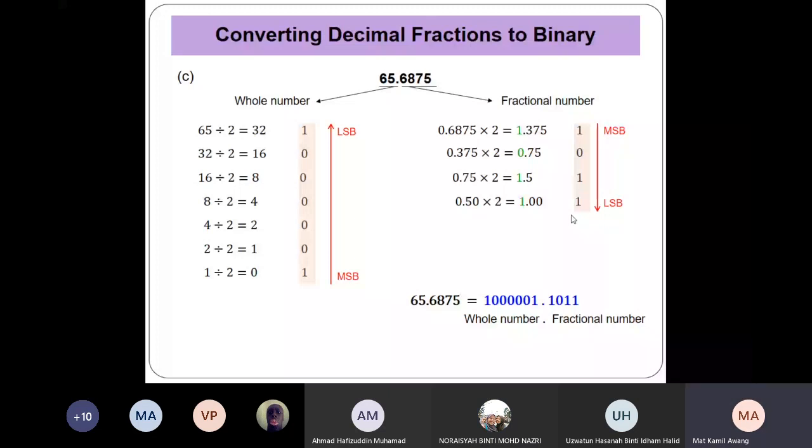The whole number 65, you use the method of division by 2, and the fraction part of it, you use the multiplication by 2 method. Then for the whole number, you read from bottom to top, and for the fraction part, you read from the top to bottom. Then after that, you combine. All right.